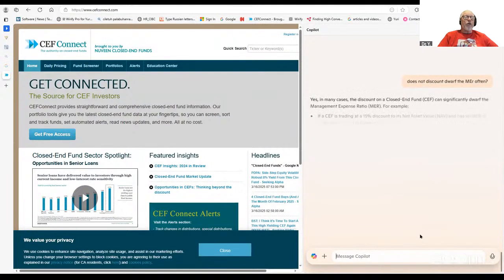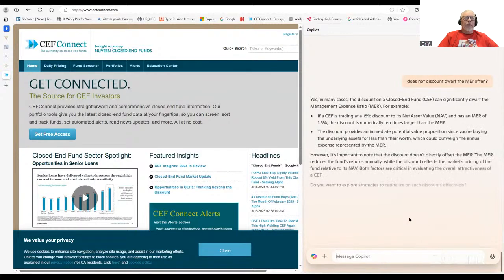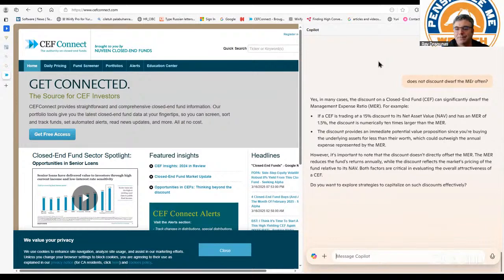It's a leading question, but it cannot lie. Yes, in many cases, the discount can significantly dwarf the management expense ratio. Yeah. And what else do you need? It's like I said, your MER has been paid 5 years forward. Yeah. And that discount will likely shrink, but your cost will never expand.